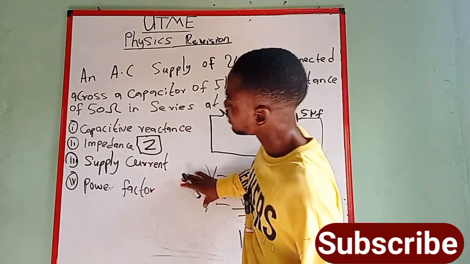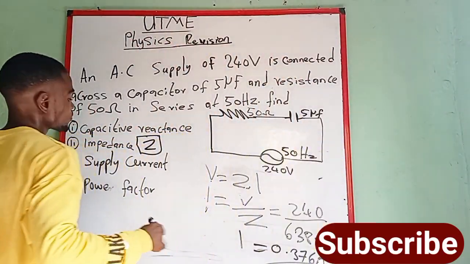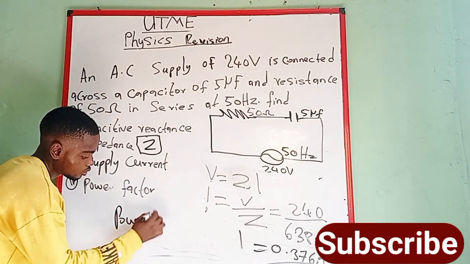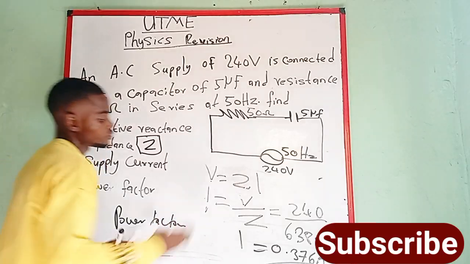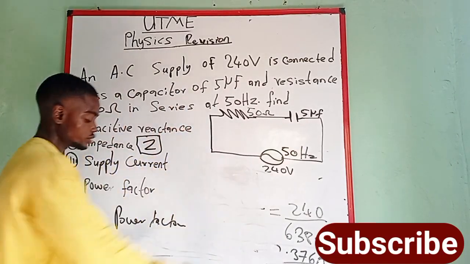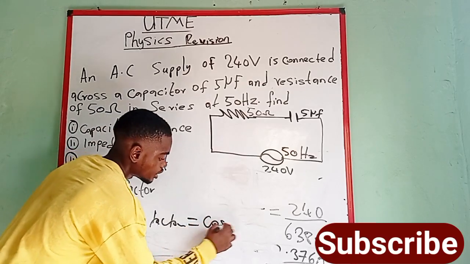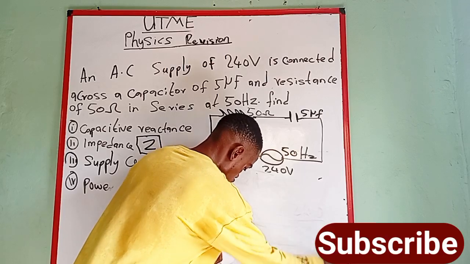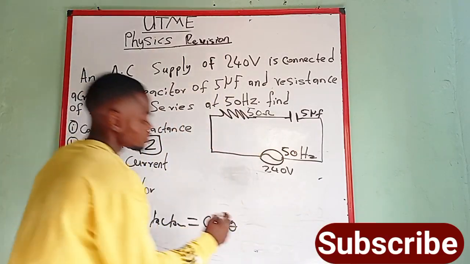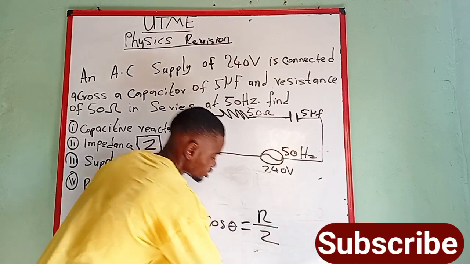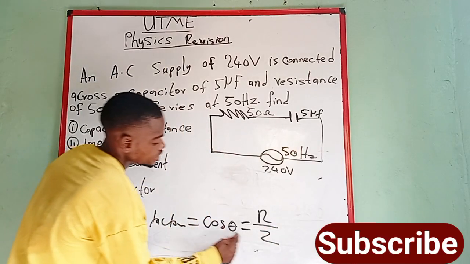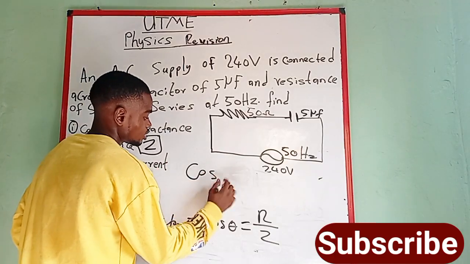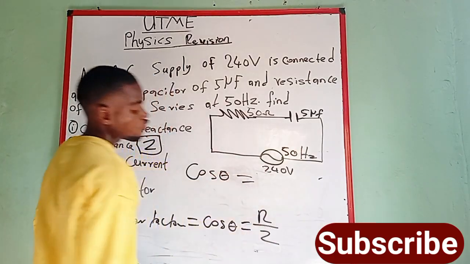Now the next question we'll ask is the power factor. What is the power factor? Power factor is equal to cos theta, whereas cos theta is equal to R over Z. Hence power factor, which is cos theta, is equal to R over Z. What is R?